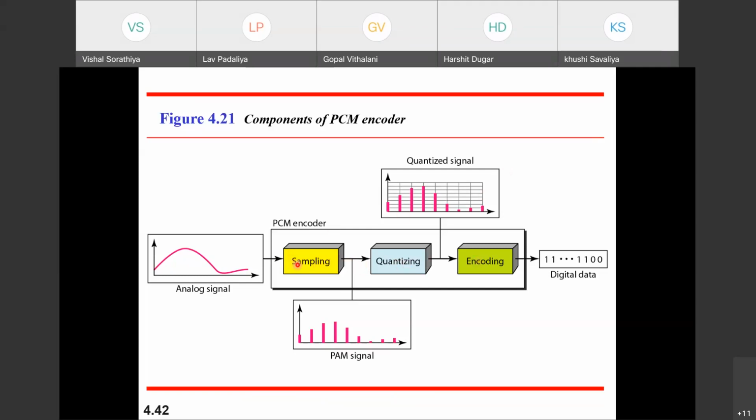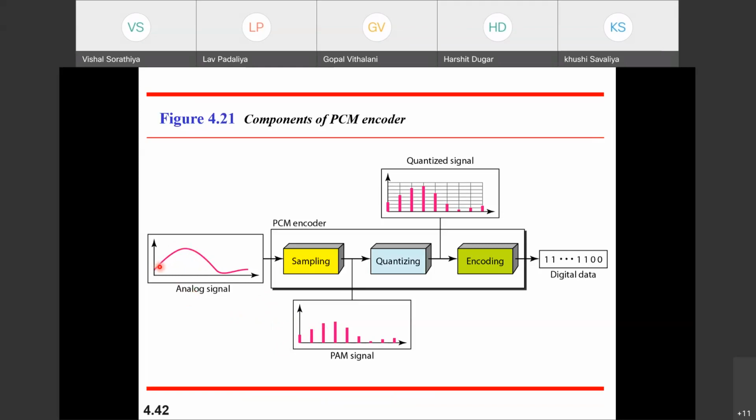Now what is sampling? Sampling is nothing but chopping your signal into specific time durations. You can see whatever signal you are seeing over here, it is going to take a sampled value, or we can say a sampled amplitude, at a particular interval of time. Like if you have set your sampler so that after every 1 microsecond it will take one sample. So how will the sampled signal look?